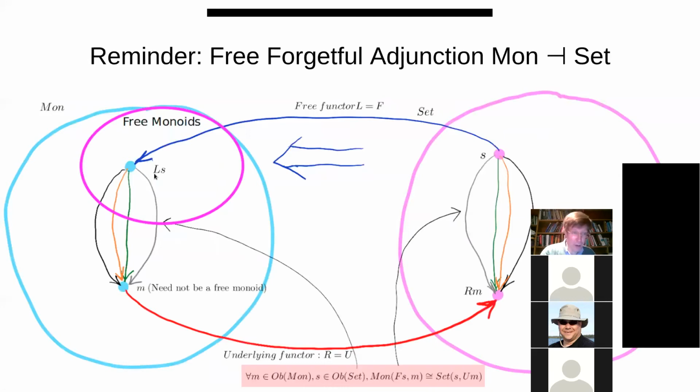This is a trickier one. So we have this LS, this free monoid associated with S. What is the free monoid? What are the elements of the free monoid associated with S? Can anyone say? I said it earlier.